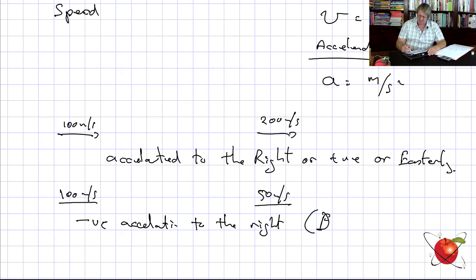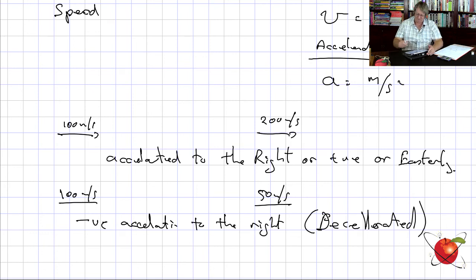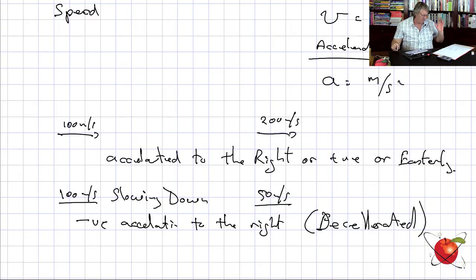Essentially, we've slowed down. We were moving this way and now we've put an acceleration that way. Don't get too hung up on that. We're going to do some examples of it. So that's basically where we are with these now.